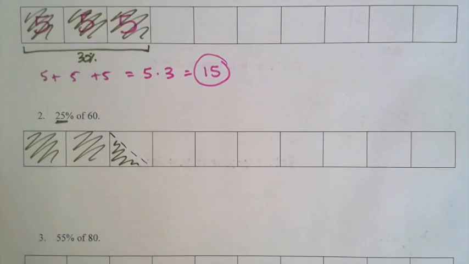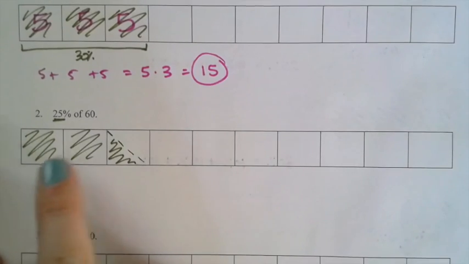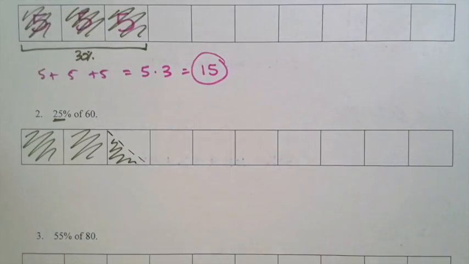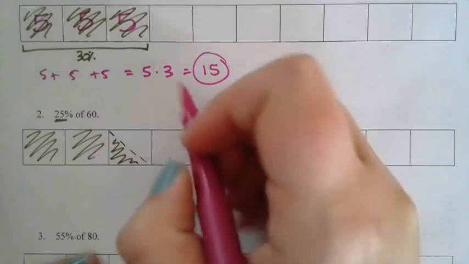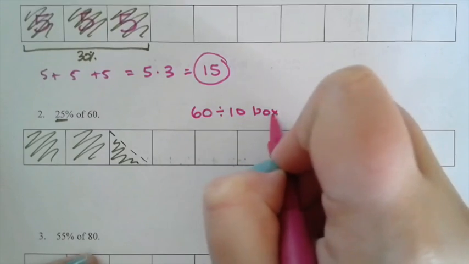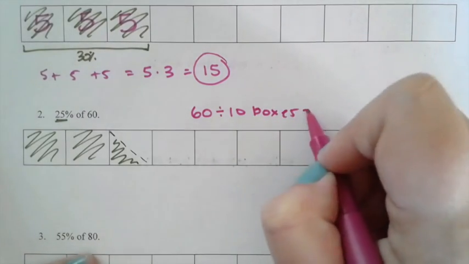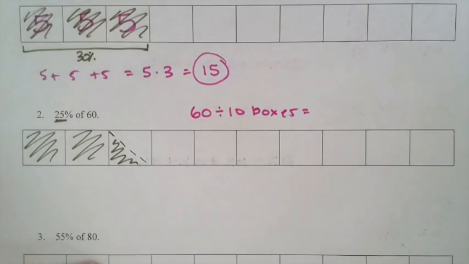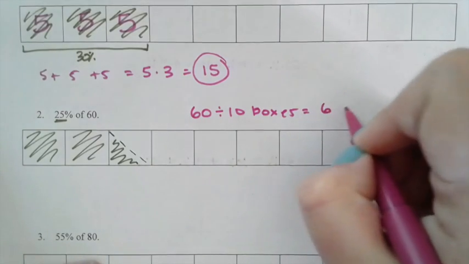How can I figure out how much each of those boxes is worth? Say it nice and loud so everybody can hear. Divide it. I'm going to divide 60 by 10, right? So each box is worth 6.